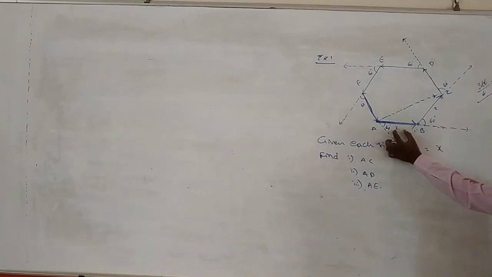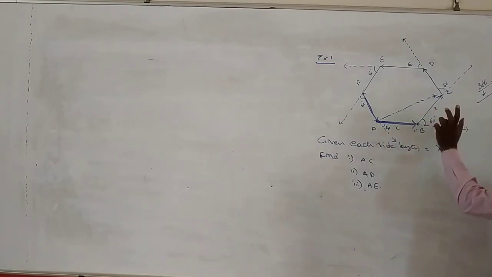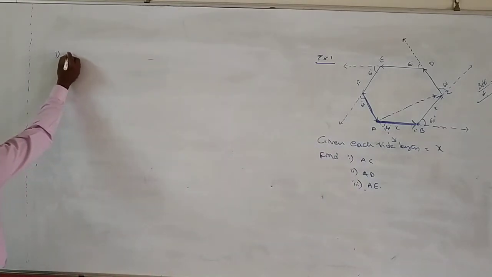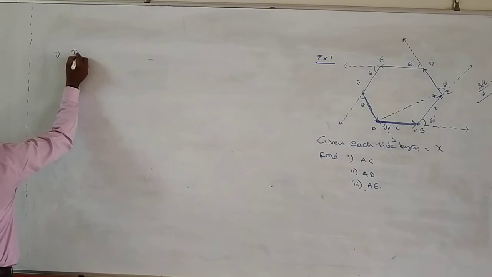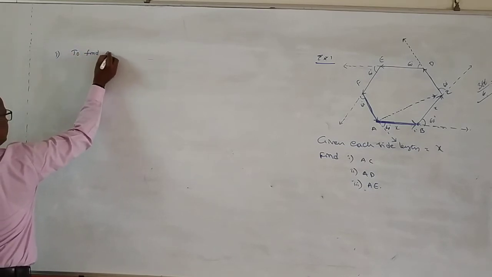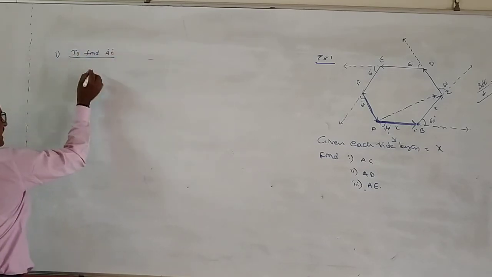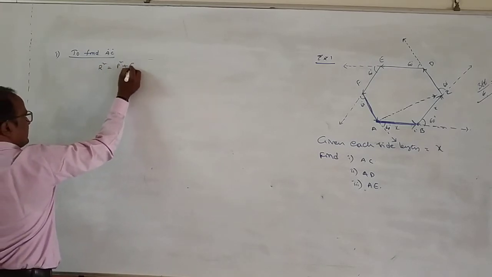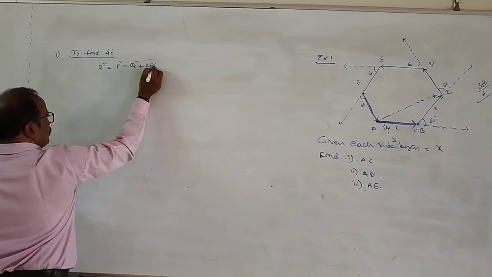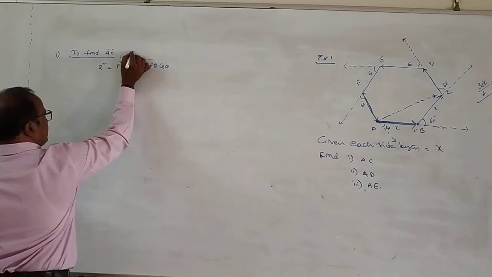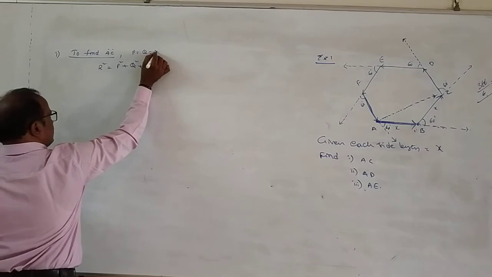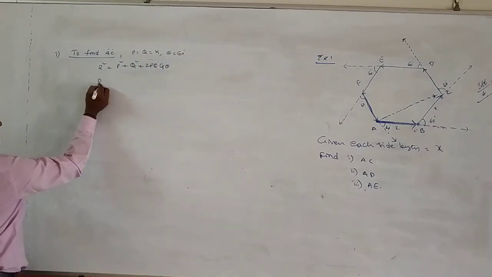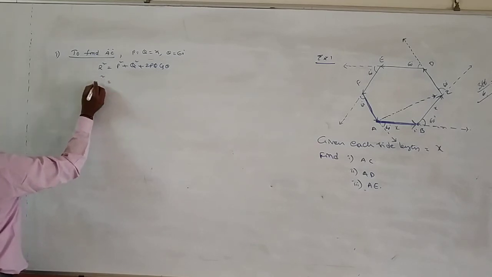This is taken as P, this is taken as Q. Okay now, according to the parallelogram law of vectors, to find AC, we use R square is equal to P square plus Q square plus 2PQ cos theta. Here P is equal to Q is equal to x and theta is equal to 60 degrees. Now tell me, R square is equal to, R means AC, right?